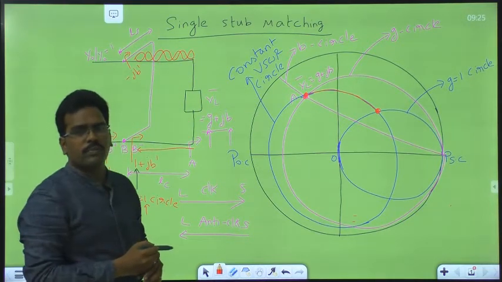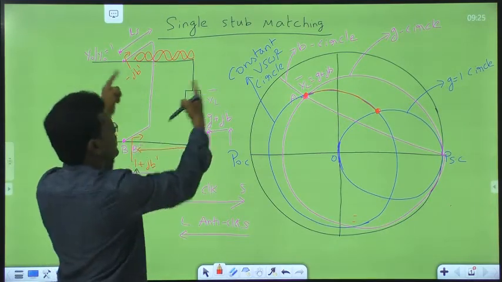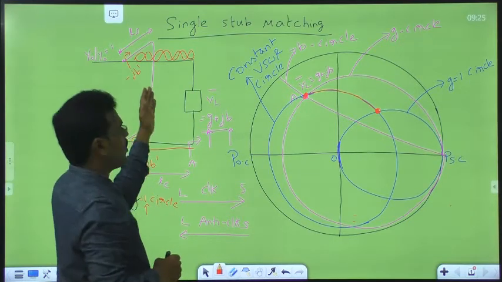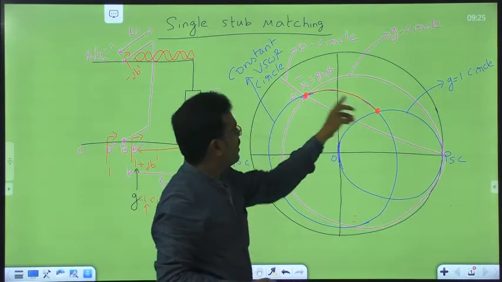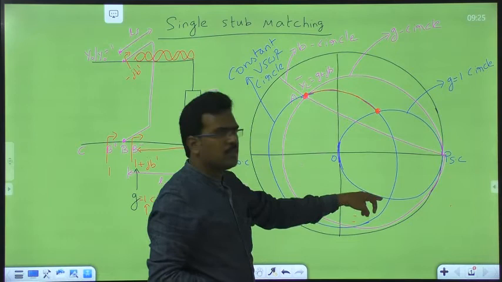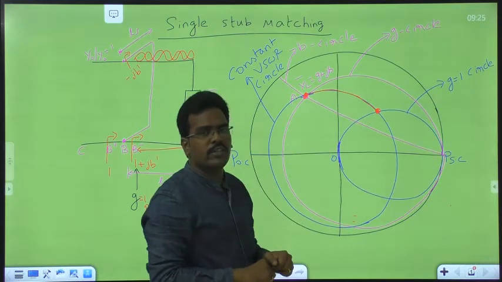Therefore, the loss is more. If the length is small, the loss is small. The length is more, the loss is more. That is the reason why we always choose the location of the stub closer to the load. So if you observe here, this point is closer to the load when compared to this point. That's the reason why I am saying choose this point as the location of the stub.